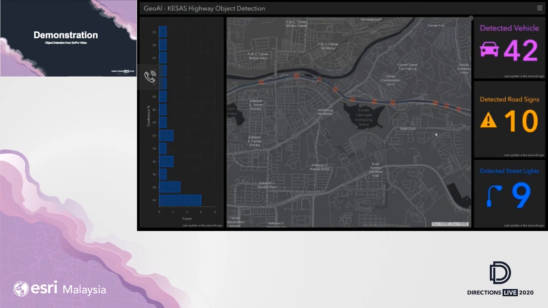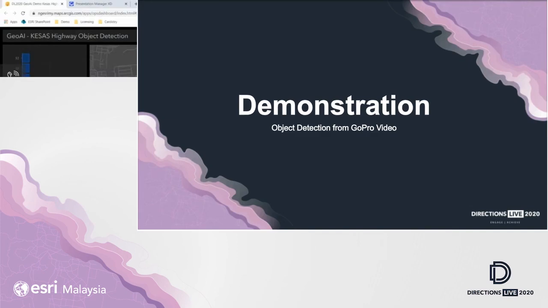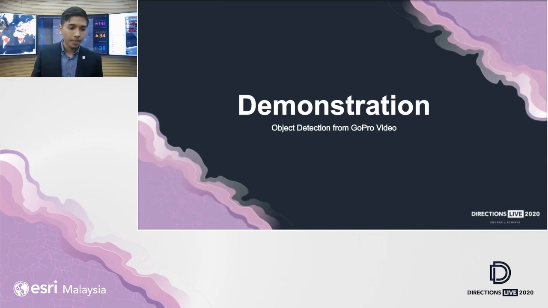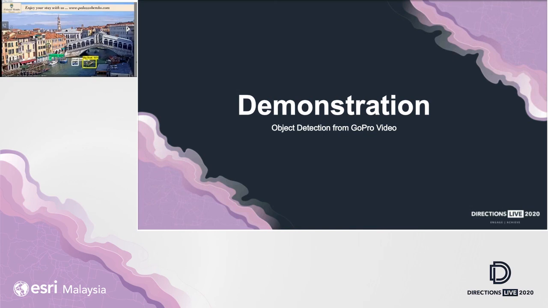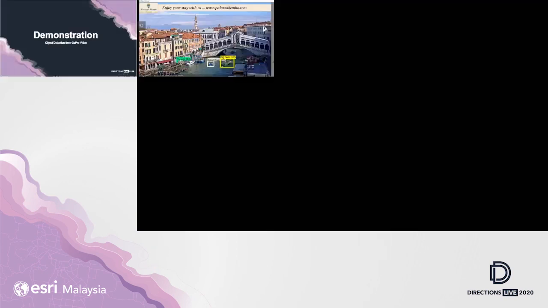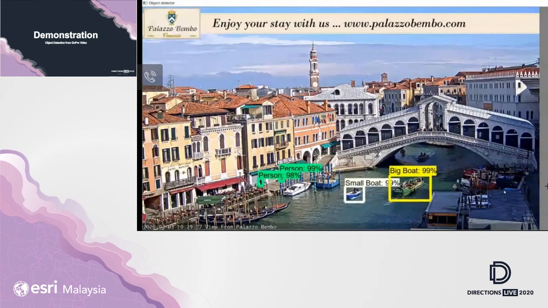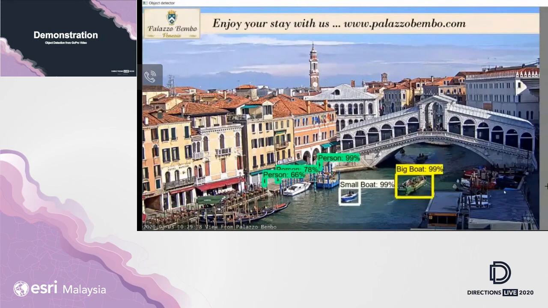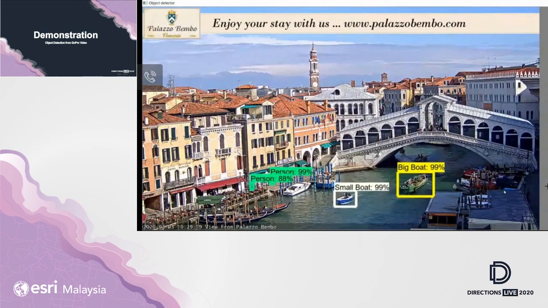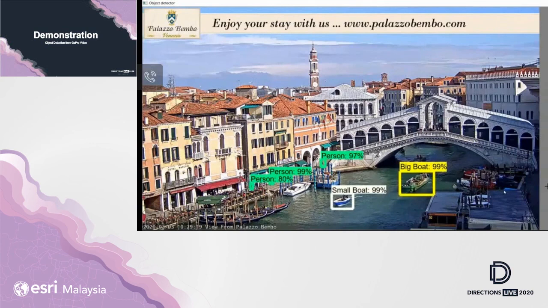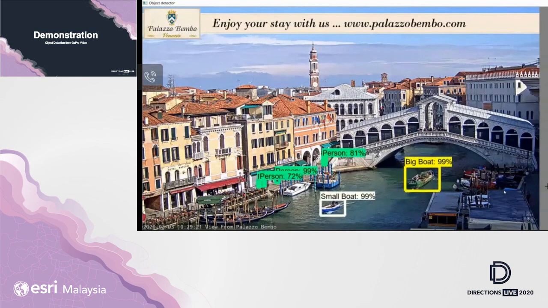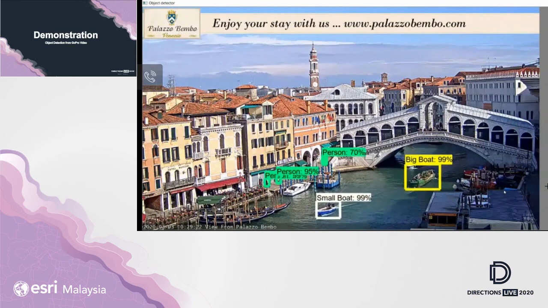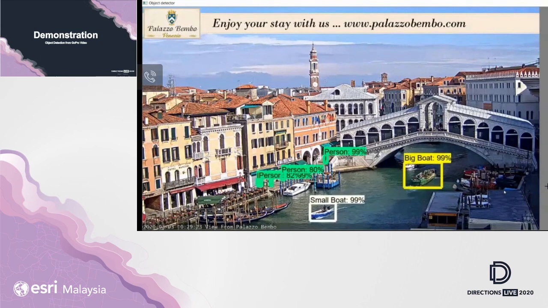I would like to share another example. This is a CCTV live feed that I've taken from a YouTube video, because I don't have any access to a CCTV live feed. This is a CCTV live feed from Plaza Bamboo, and I want to detect individual big boats or small boats from the CCTV live feed.